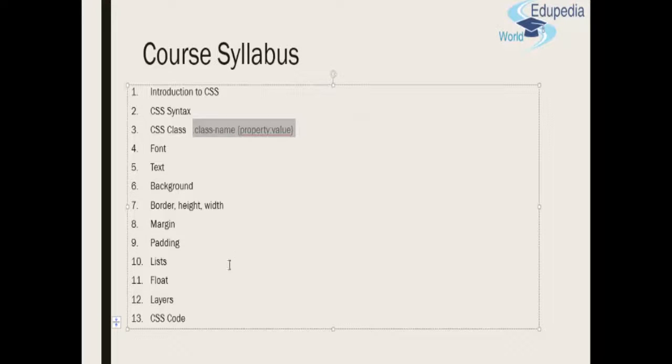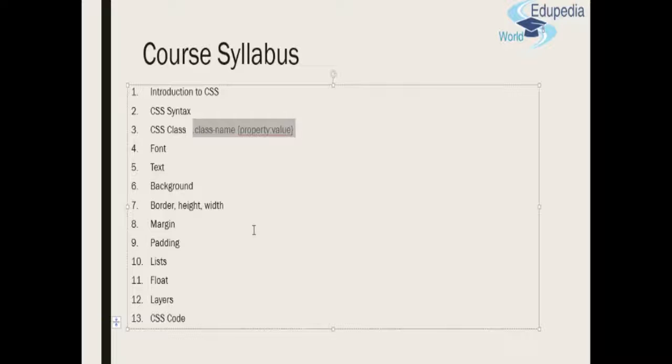For example, if you want to make some kind of appearance very specific to a particular element of your page, like applying a specific color to only the headings of your page, you can use the ID syntax.